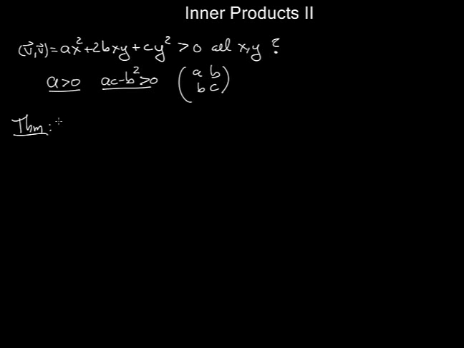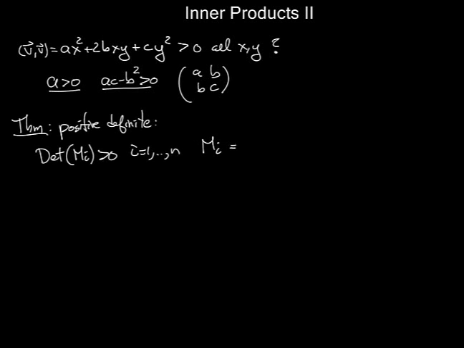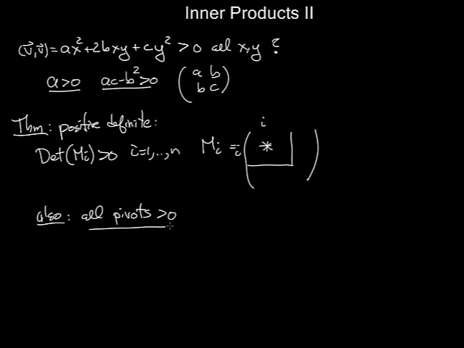And the theorem that we stated last time is that the test for positive definite is that the determinants of the upper left-hand corner minors all have to be greater than 0, and there are n of those. We also saw that there's a test in terms of the pivots. All of the pivots have to be greater than 0.